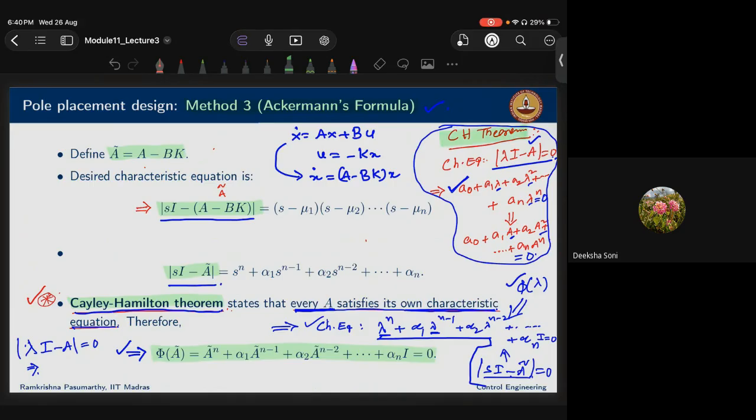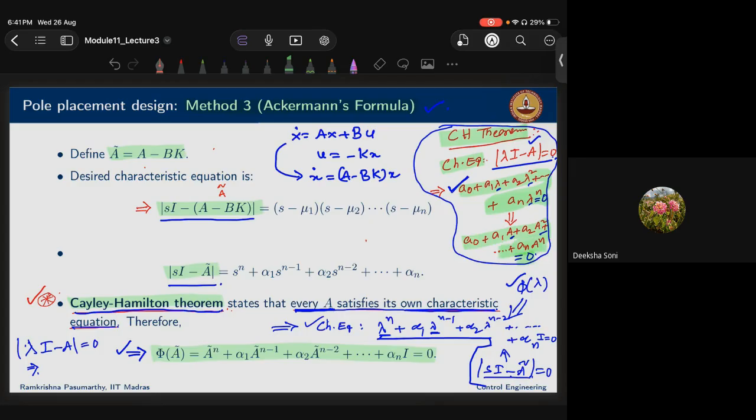The Cayley-Hamilton theorem says this: you have this characteristic equation, det of lambda I minus A. If you expand that, you will get a polynomial in terms of lambda, and A0, A1, etc. are all coefficients. Now the Cayley-Hamilton theorem says that you just replace that lambda with the A matrix, and that will also be equal to 0.